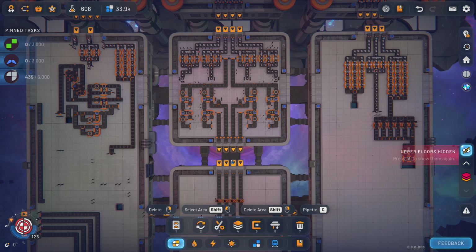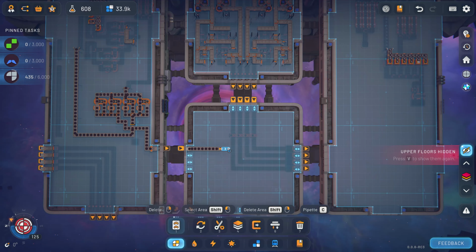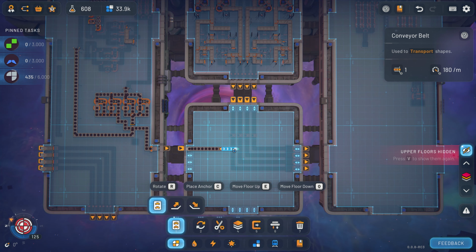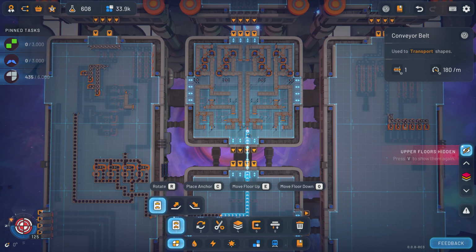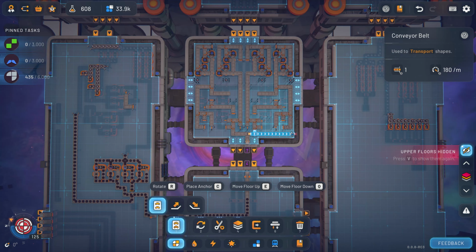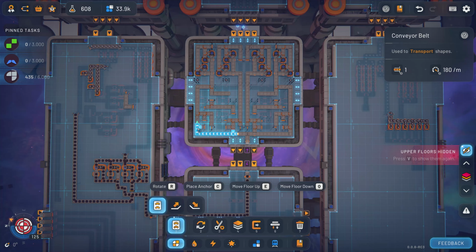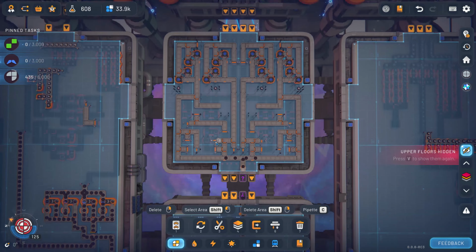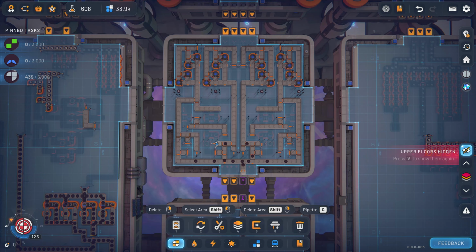So let's go to this medium level. So I'm gonna take this shape here and feed that in. So one goes here, one here, one here, and one here. So as soon as they come in, the shapes will start producing.